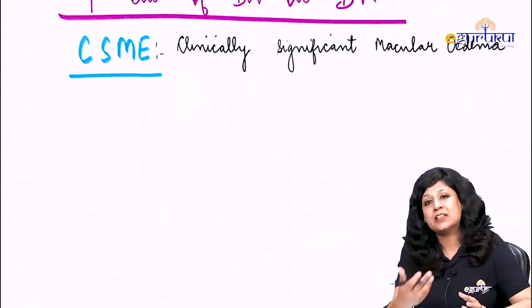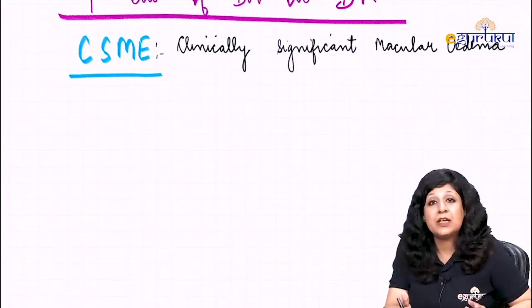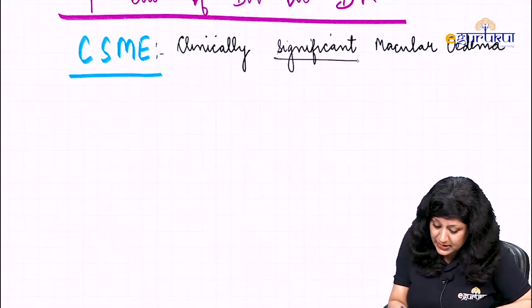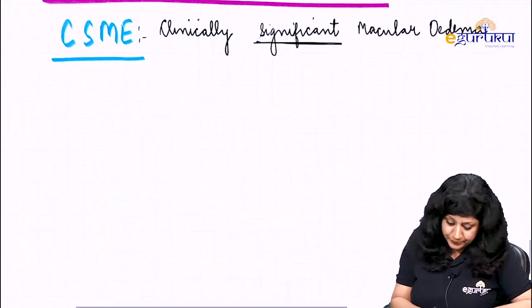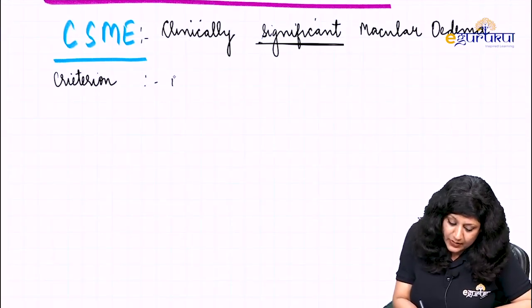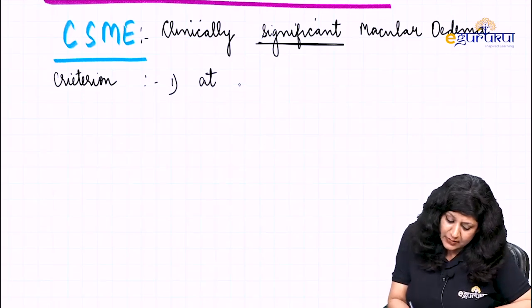I can say that this person who is having diabetic retinopathy with macular edema is significant. It is significant when, what is the criteria? Now, it is called significant when, number 1, it is found at the macula.